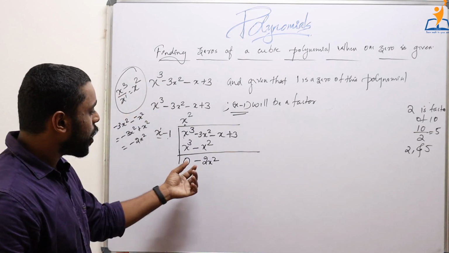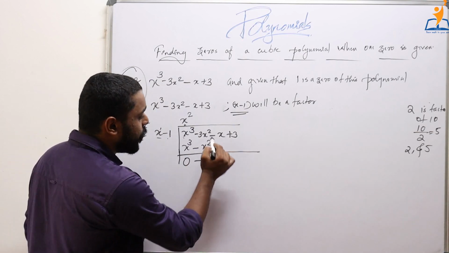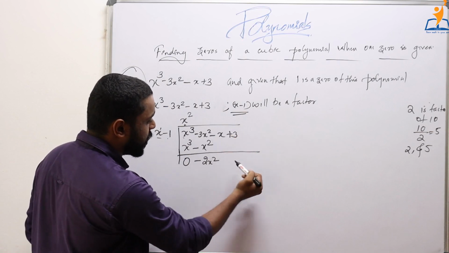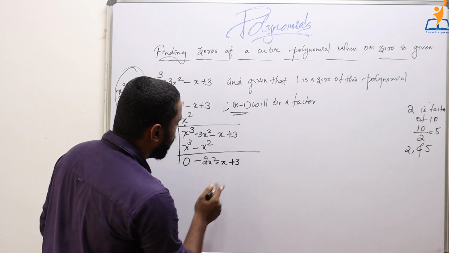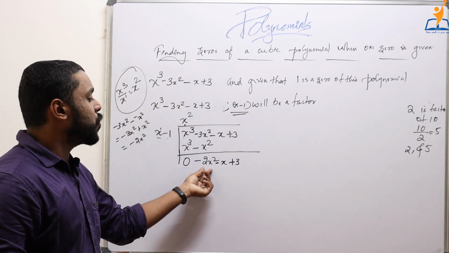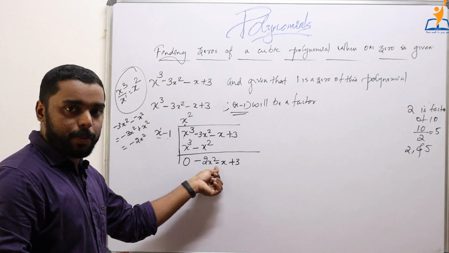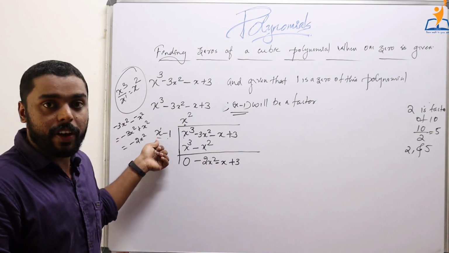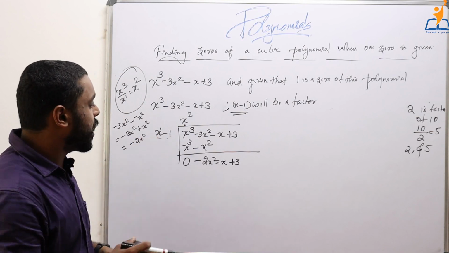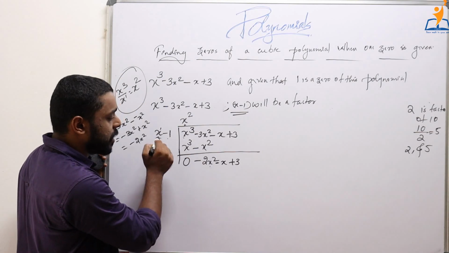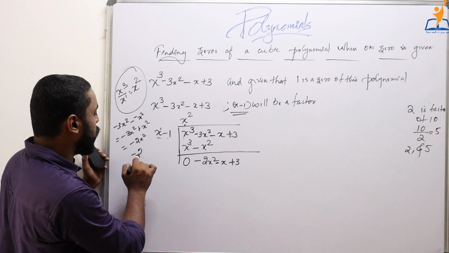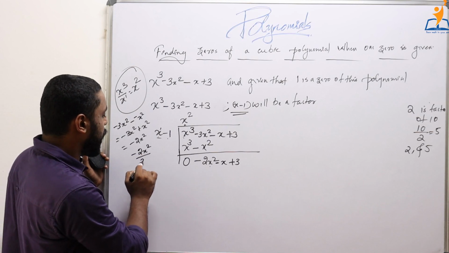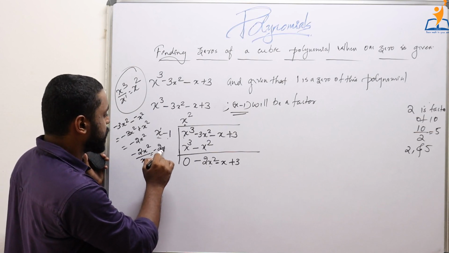Clear? Now we can bring down the rest of the terms, minus x plus 3, like in ordinary division. Here the highest degree of the new dividend is 2 and the highest degree of the divisor is 1. So we can divide this by this to get a term here. When we divide minus 2x square by x, we get minus 2x.